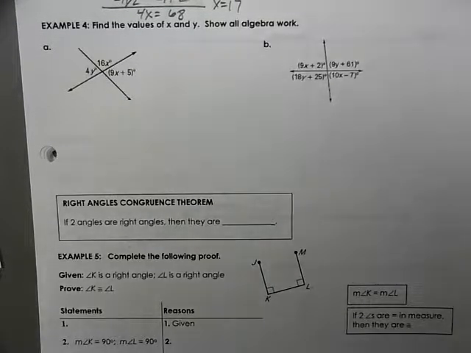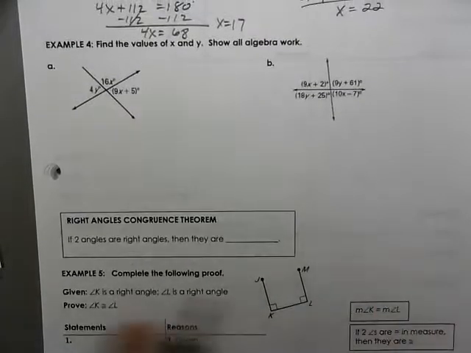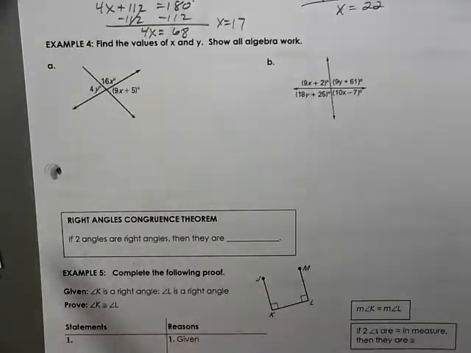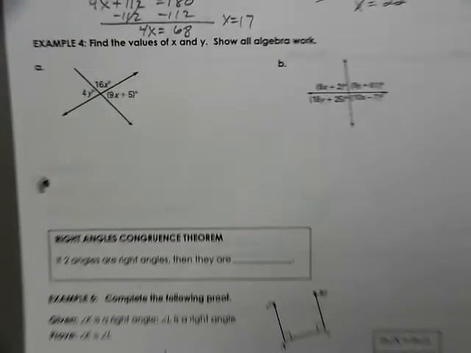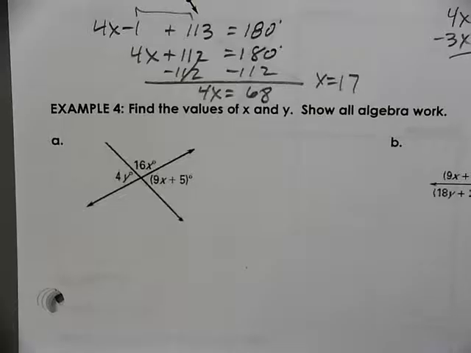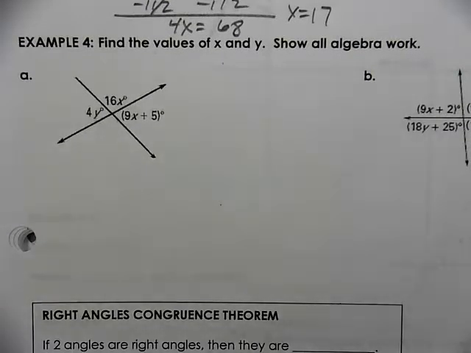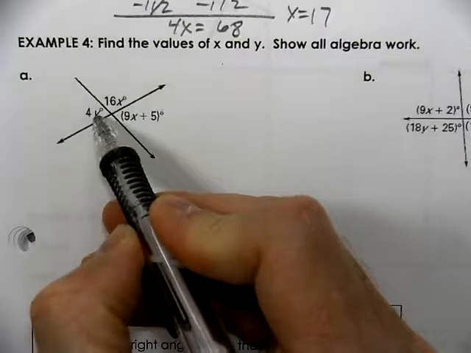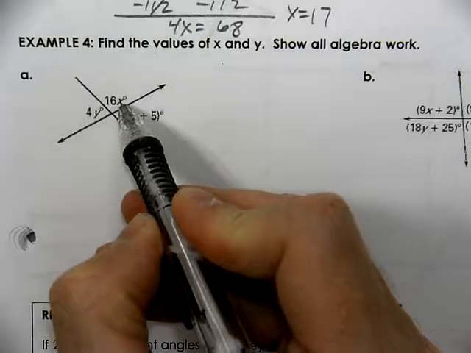Example number 4. Find the value of x and y. Which angle should we work with first? Well, if you notice, this angle has a y, this angle has an x.